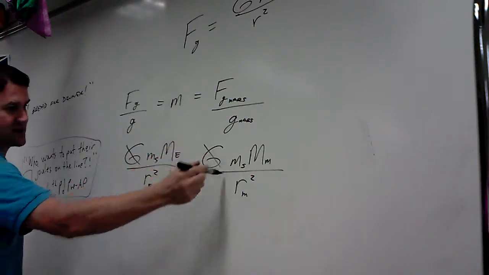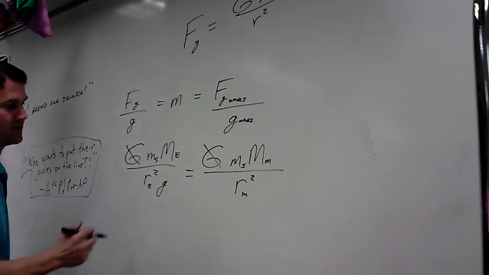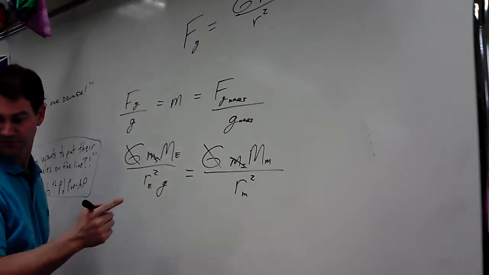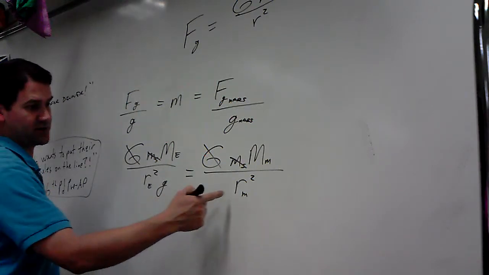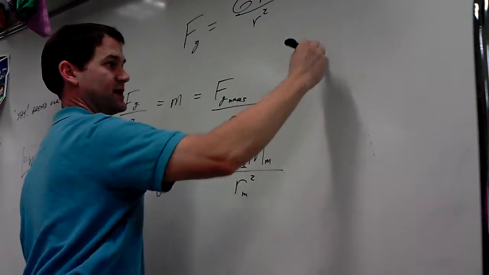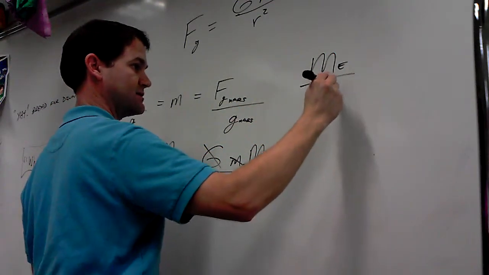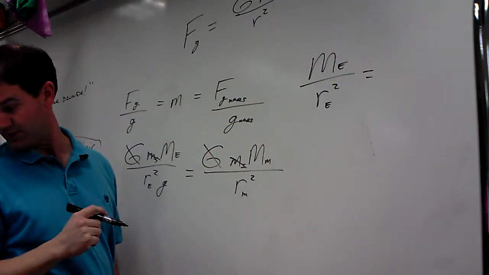So big G's cancel, I can get rid of that. And the mass of the Sojourner cancels. And then the radius of Earth is 1. So what I'm going to do is say the radius of Mars in terms of Earth's radiuses. So I'm going to substitute in here. Mass of Earth over radius of Earth squared. And the mass of Mars is 0.11.